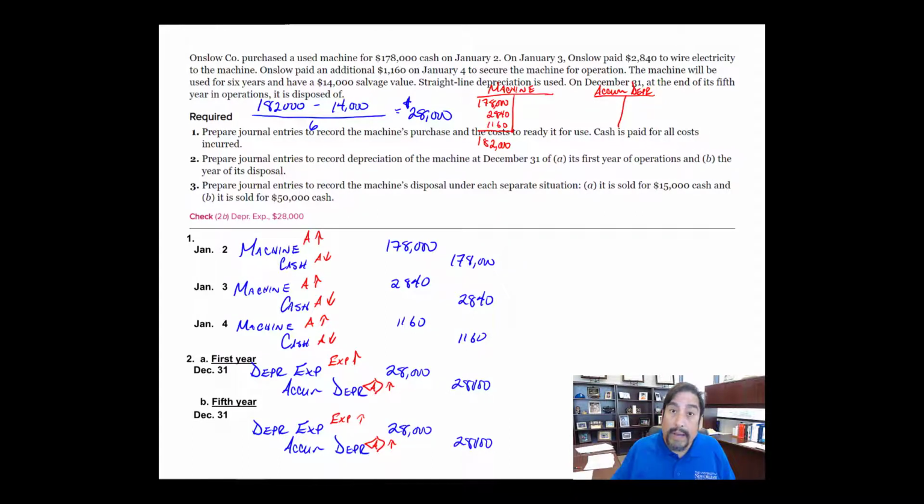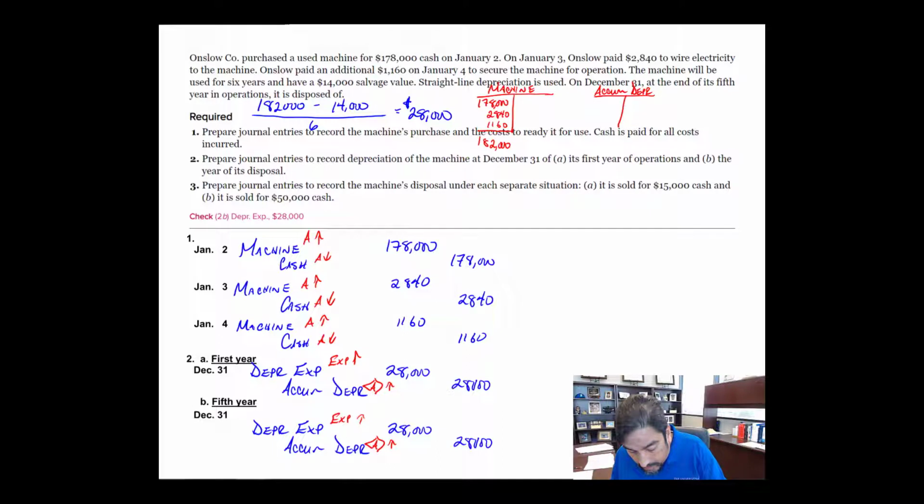There's been no betterment that changed our estimated salvage value or changed our useful life. So it stays the same for all 5 years. They just had to show the first year and the fifth year, but this is also the second year, the third year, and the fourth year.